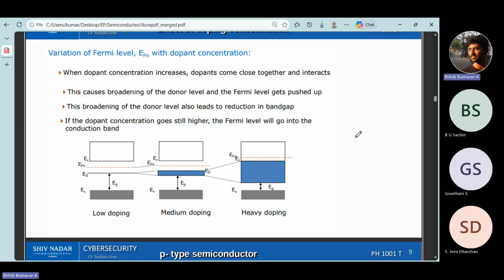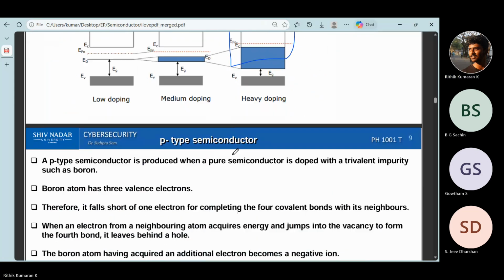Because the donor level would obviously broaden out. If it broadens out, the Fermi level gets pushed up. If the dopant concentration is so high such that the broadening of the donor level reaches up to the conduction band, the Fermi level will go inside the conduction band itself, as you see here. But there should be heavy doping in that case.